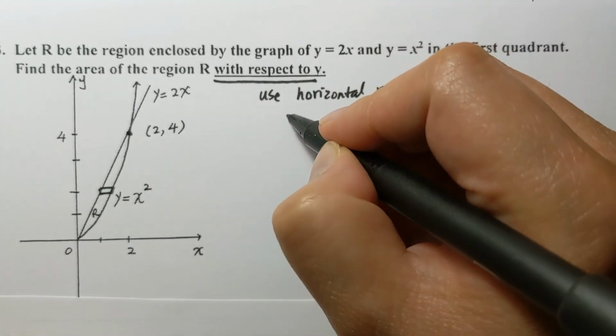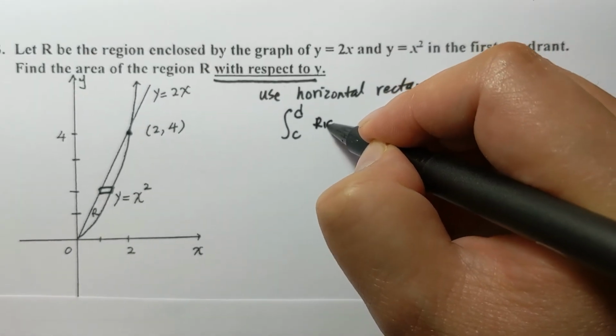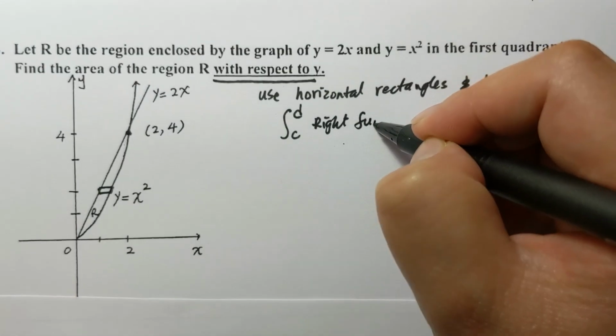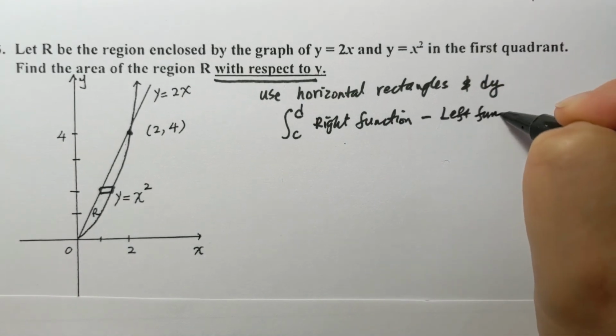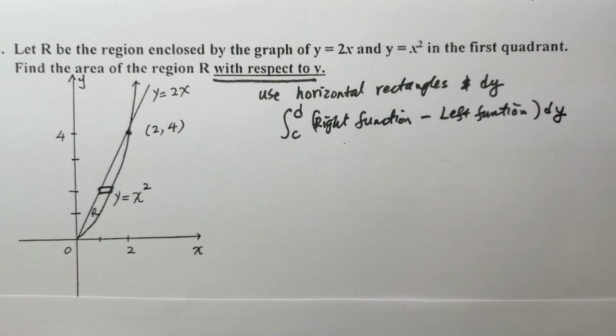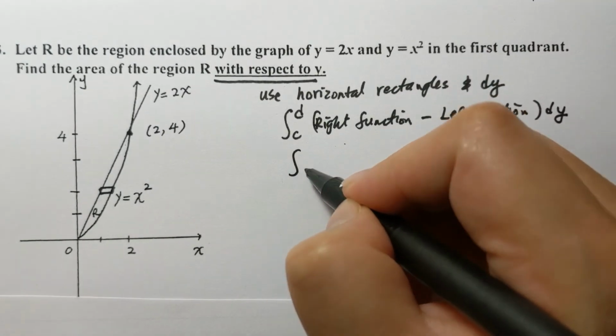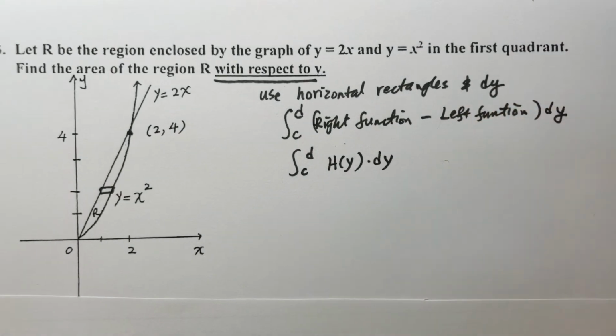So that means the formula is going to change into the integral from c to d, right function minus left function, dy. In other words, it is the integral from c to d of h of y dy.